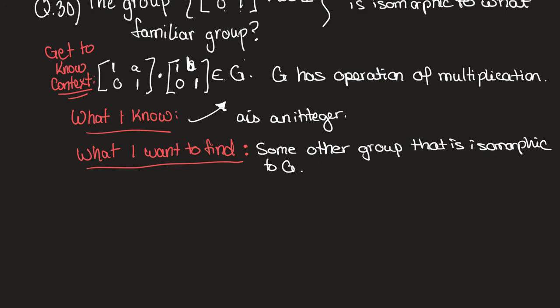So how can I get there? I need to build a bridge here. This is a bridge. And the way that I usually do this is by thinking about what I know in as many different ways as possible. So let's rewrite what I know in as many ways as it takes.